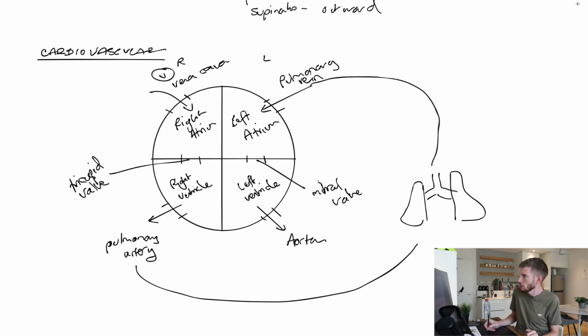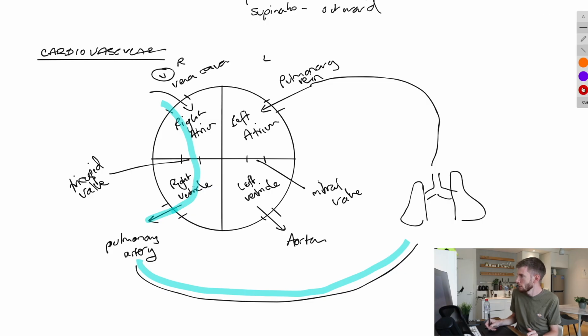So I might actually do this in red. Red is usually used for oxygenated blood, and blue is usually used for deoxygenated blood. So out of the right side, you have no oxygen on the right side of the heart. It's all been spent. It goes to the lungs, it picks up oxygen, and now we'll go to red, carrying oxygenated blood towards the heart.